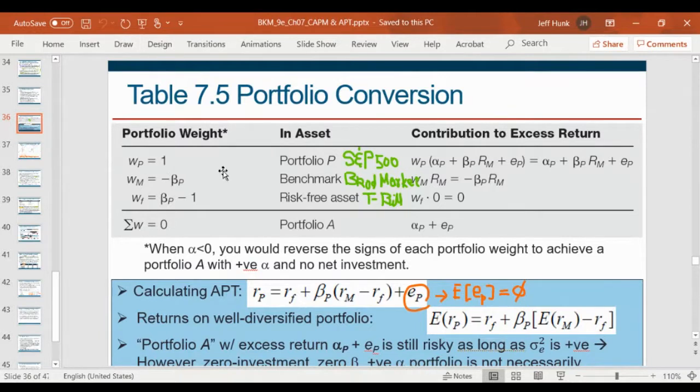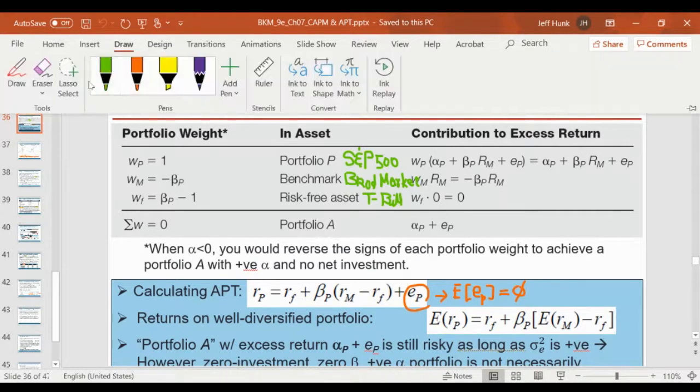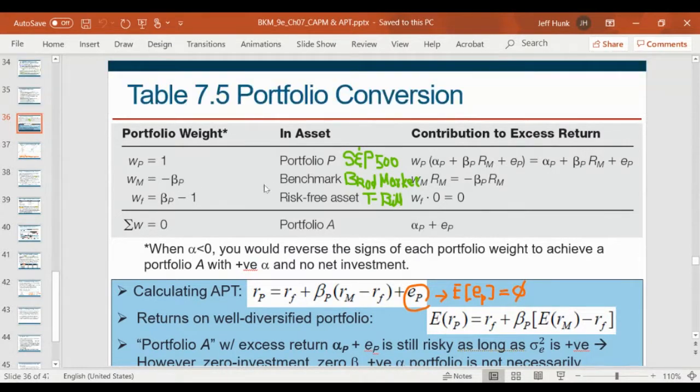Our y, in other words our explained or dependent variable, is the S&P 500, which is a portfolio P, and we are using the broad market, called the benchmark, as the explanatory variable, and seeing what the correlation between them is, right?